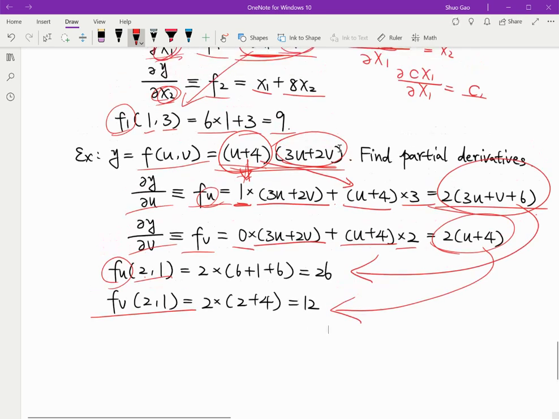Okay. So if I change the function to u plus 4 over 3u plus 2v, in that case, that is a quotient of two functions, right?